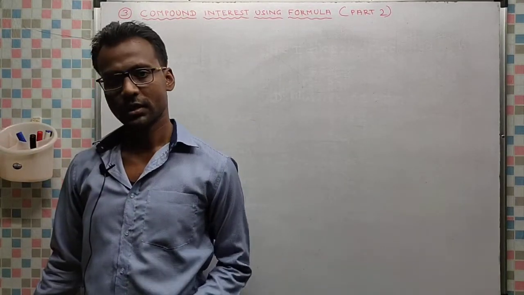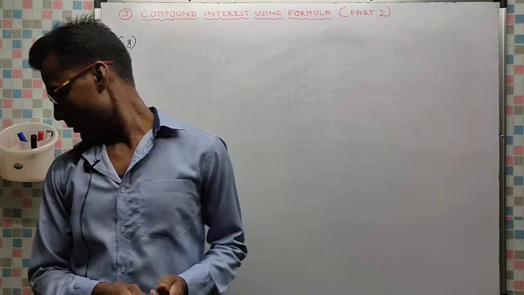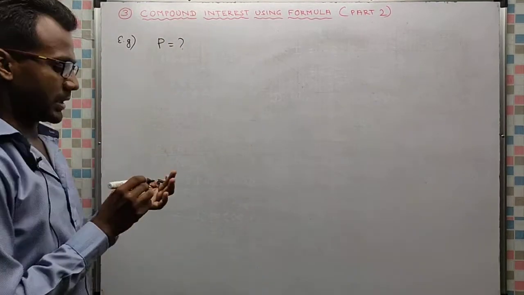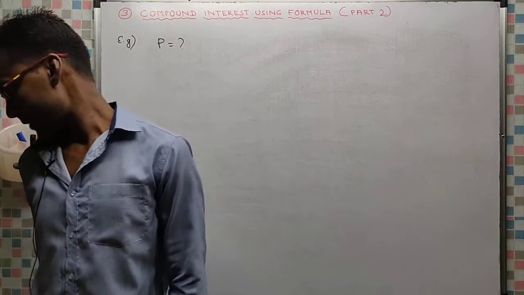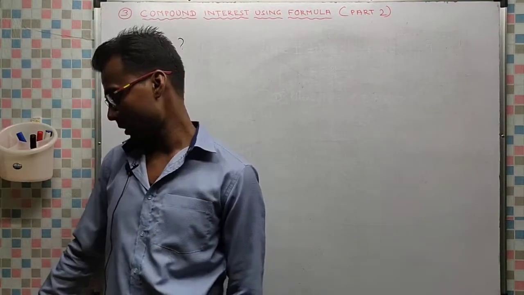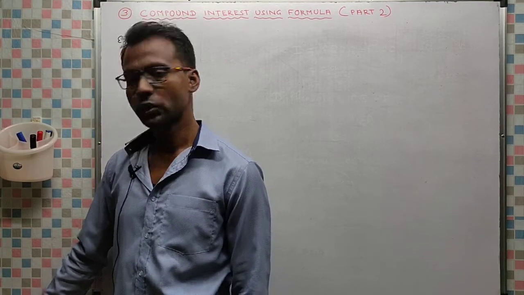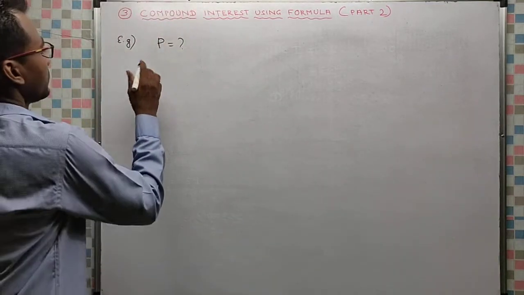A sum of money, principal is not given. A sum of money invested at compound interest, CI, amounts to rupees 19,360 in 2 years. A2 is given.